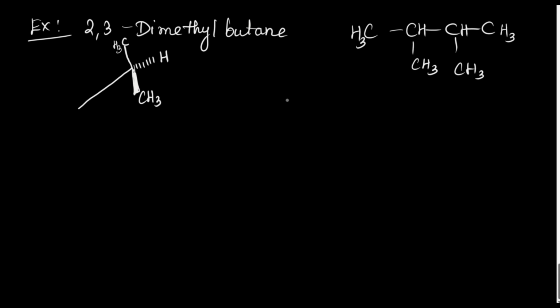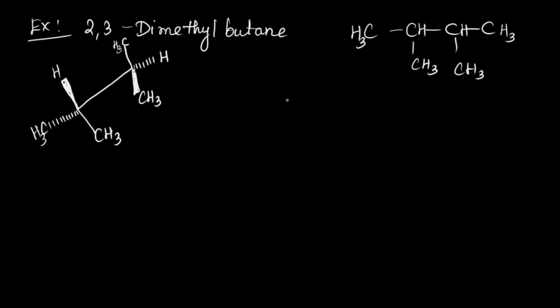For the other carbon, hydrogen is towards you, CH3 is away from you, and one is on the plane. So I took wedge dash like this. Depending on that, we can write it for the other projection formulas. I'm considering these 2 carbons as the main carbons, front and rear carbons.